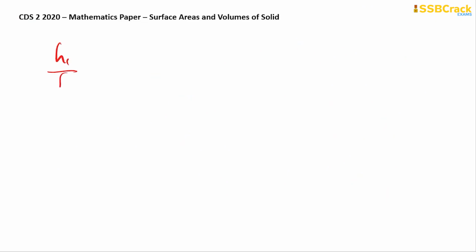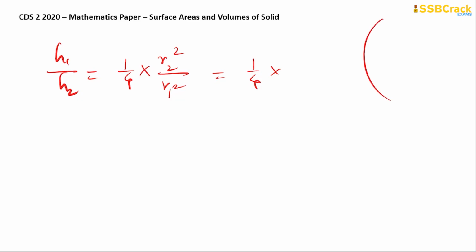So h1 upon h2 we obtain to be 1 by 4 times r2 square upon r1 square, which is 1 by 4 into the square of r2 by r1. How do you get that? See, r1 by r2 you got as 4 by 5. So by the invertendo property of ratio, r2 by r1 becomes 5 upon 4, isn't it?